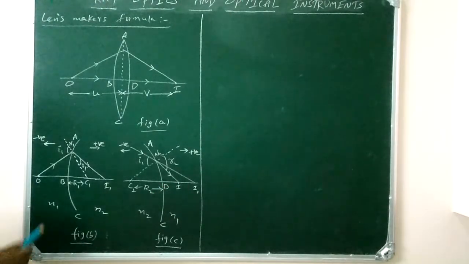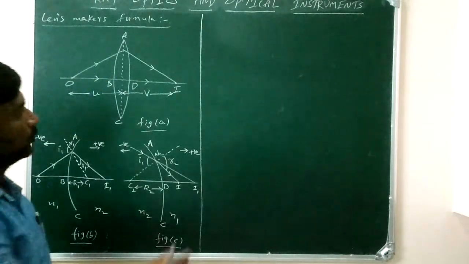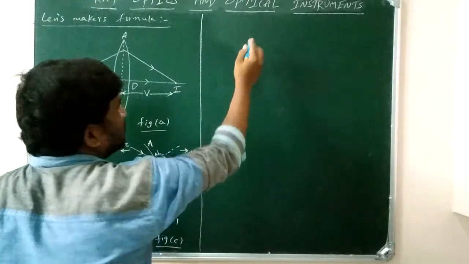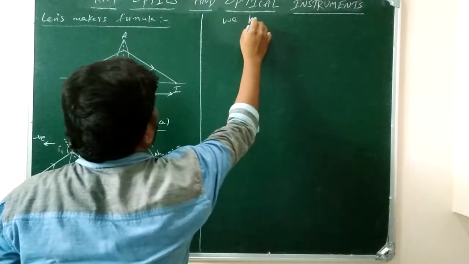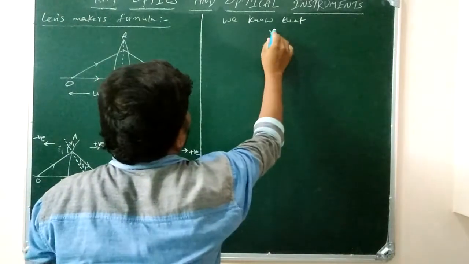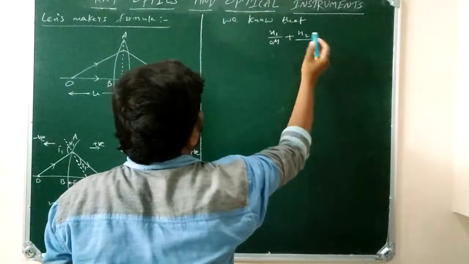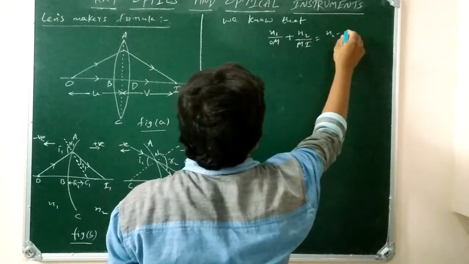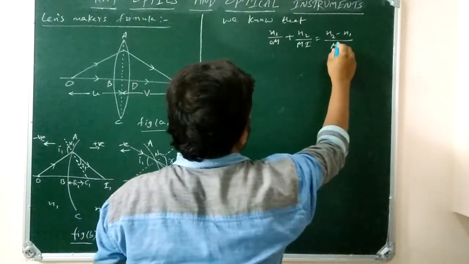Now we are going to derive the Lens Maker's formula. We know the relation between object distance, image distance and radius of curvature: n1 by OM plus n2 by MI is equal to n2 minus n1 by MC.